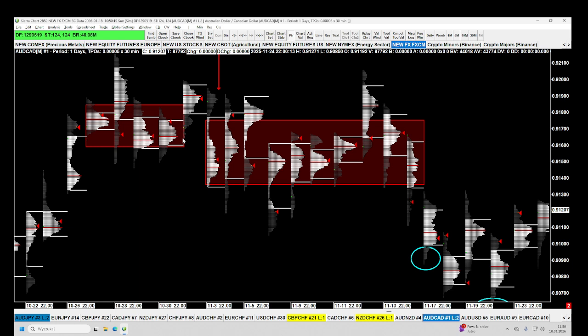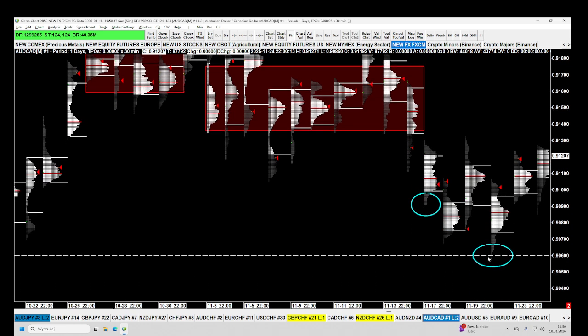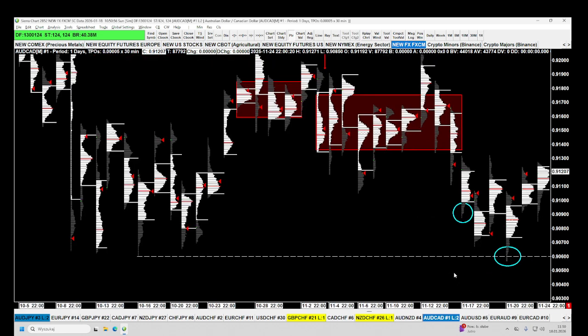It's much more statistically significant than something which happened one time. So I'm not counting this day. It's not important for me. I just ignore this day as if it never happened. So that's the logic. And here I think I was stopped on this low, and it was kind of a tough trade.